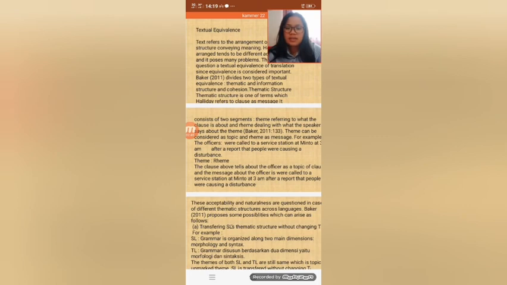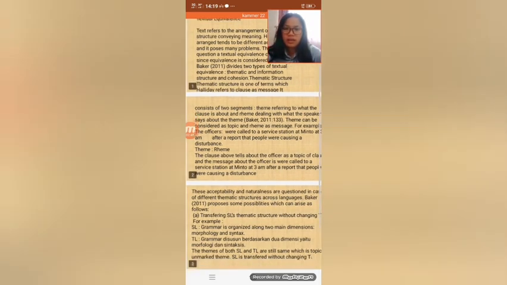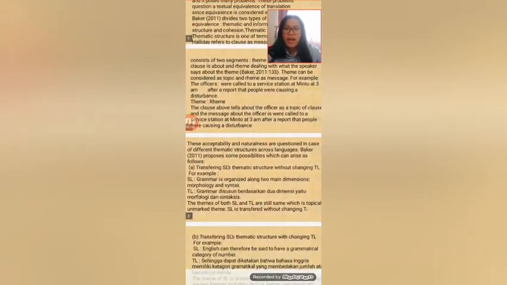In slide 3, they explain that there are differences in thematic structure across languages. Baker 201 proposes some possibilities which can arise as follows. There are two steps. 1.